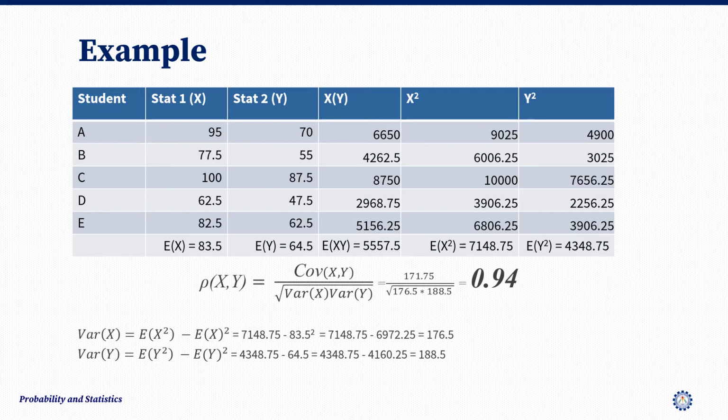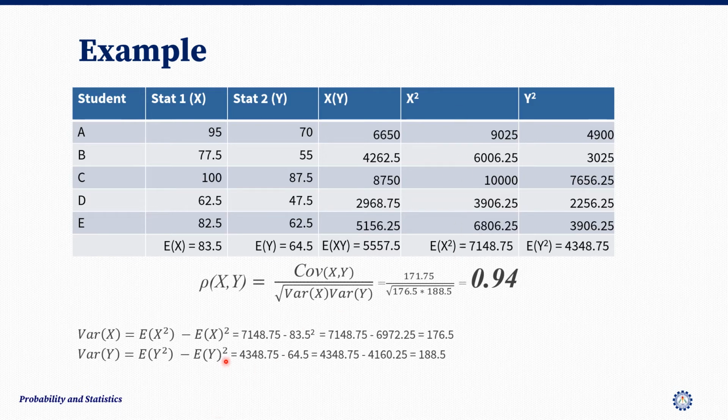Okay, so first we're going to get the expected value of x squared. Here we square the variable x. As you can see, 95 times 95 is 9025, and so forth. Then we get its expected value, which is 7148.75, the average of the x squared data.